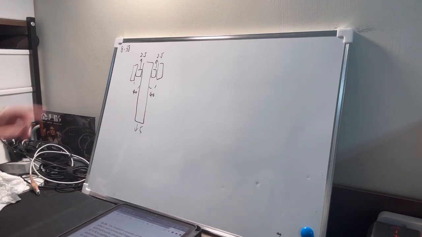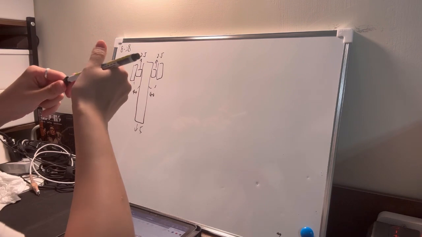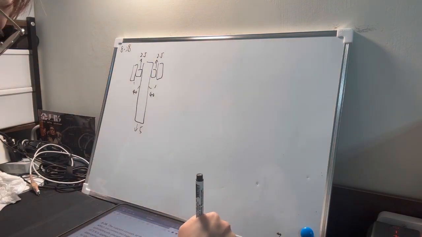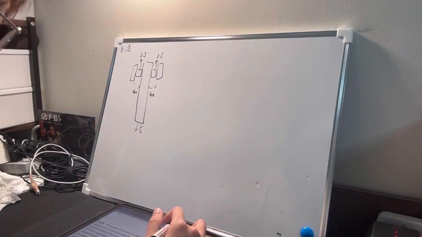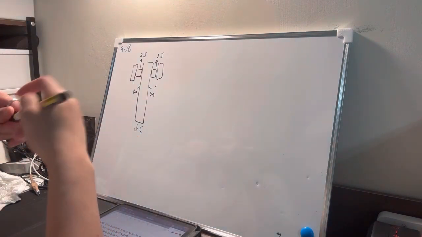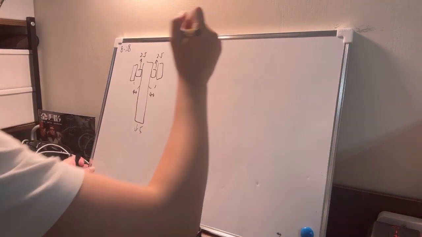And now the last question tells us to determine the approximate vertical displacement of the plate due to the shear strain in the rubber. So basically it's asking this, what is this?